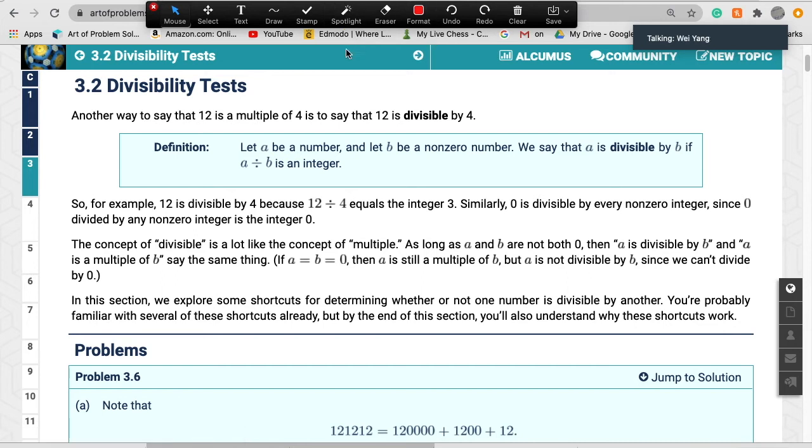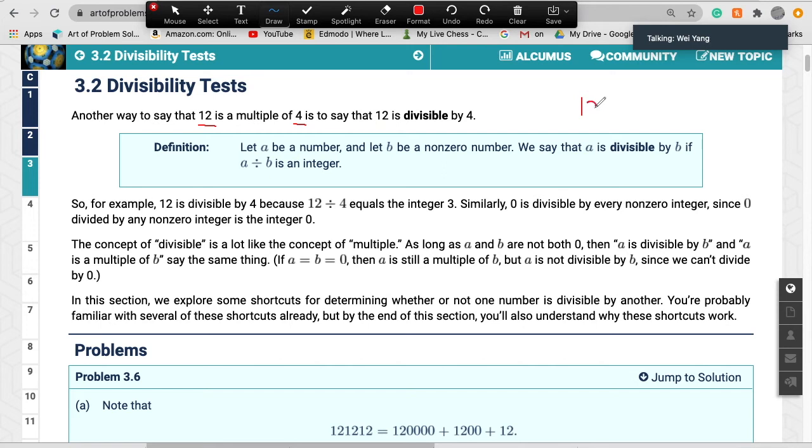Right. So here, the way to check if a number is a multiple of another number, you need to use division. So suppose here, we check 12. If 12 is a multiple of 4, we just use 12 divided by 4. Check if the remainder is 0.